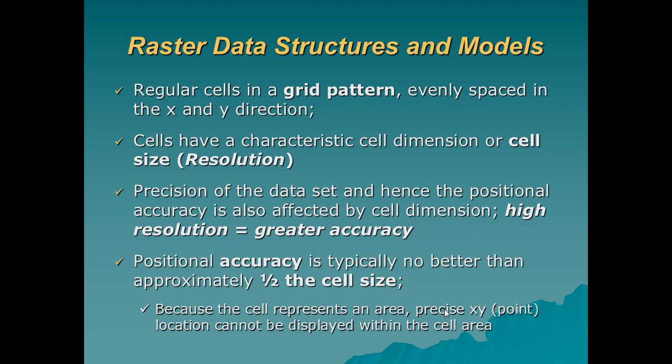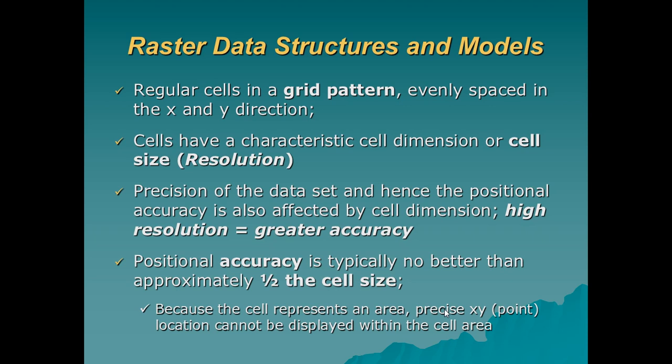Precision of the data set, and hence the positional accuracy, is also affected by the cell dimension. So a rule of thumb you want to remember is that where you have high resolution, you can assume greater accuracy of your data is available. And remember, when we talk about cell size and cell resolution, the smaller the size is, the higher the resolution.